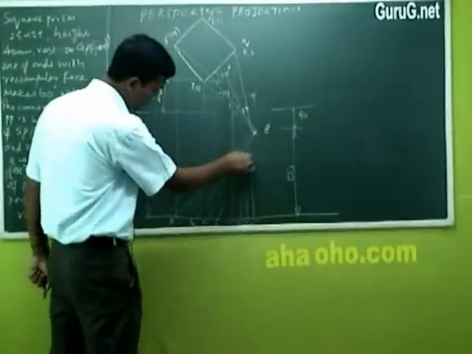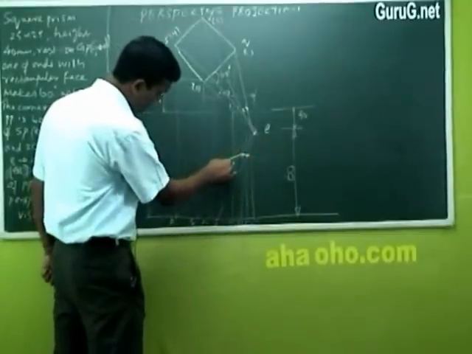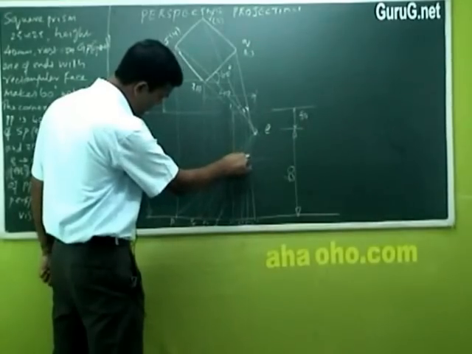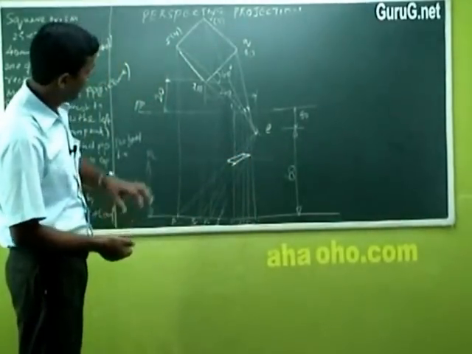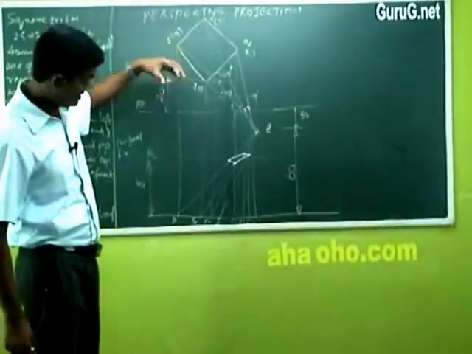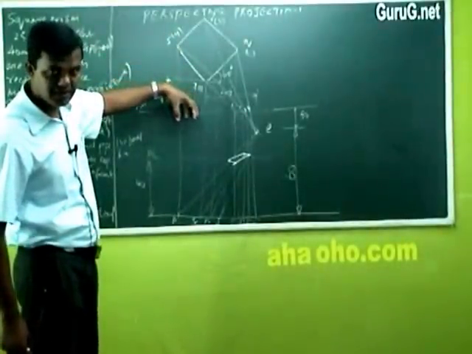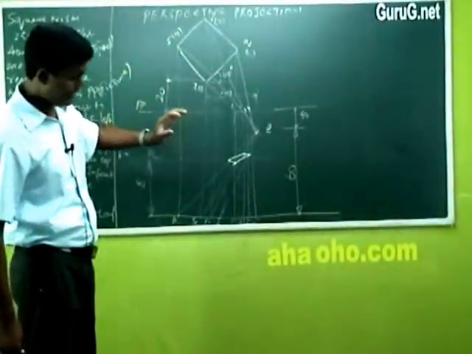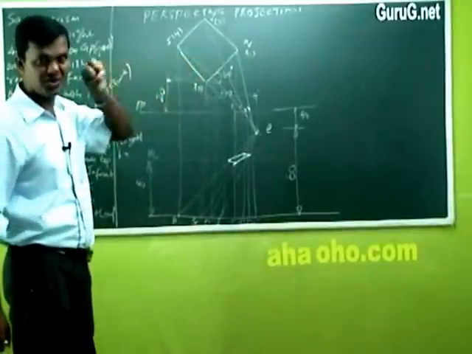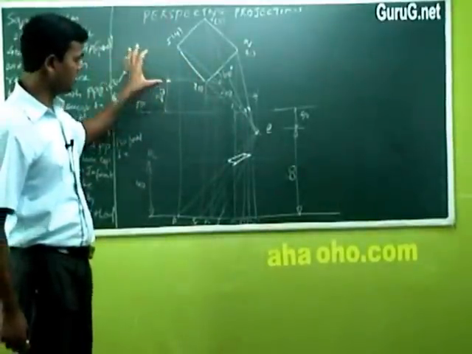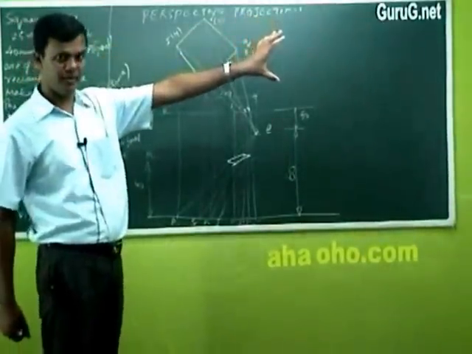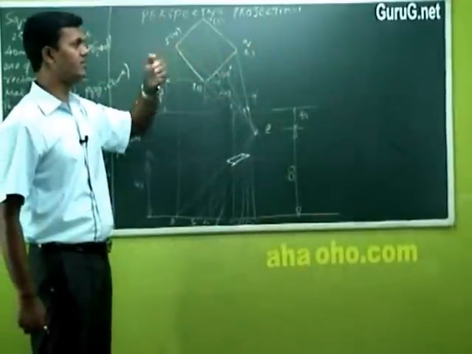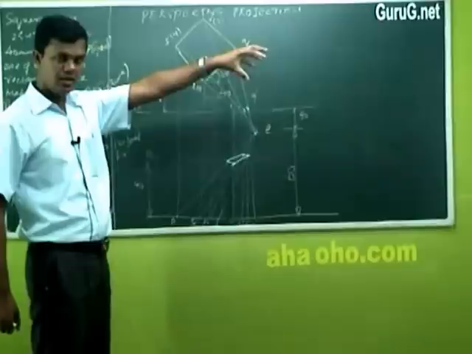So those 3 will make a line. See, the object is square. Its view is different in different areas. It's a perspective view. Its length will be foreshortened, because you are viewing from far away. So when you see from the farther distance, it looks small.